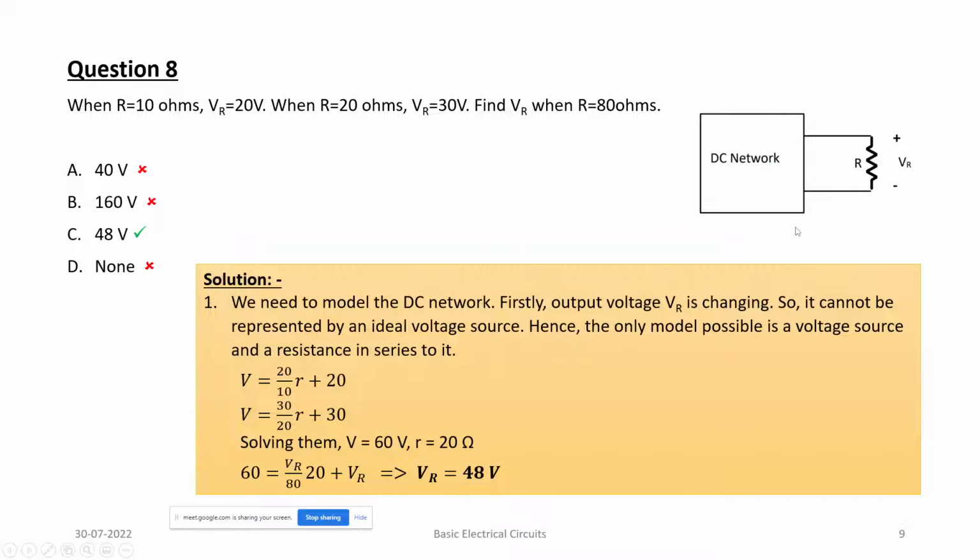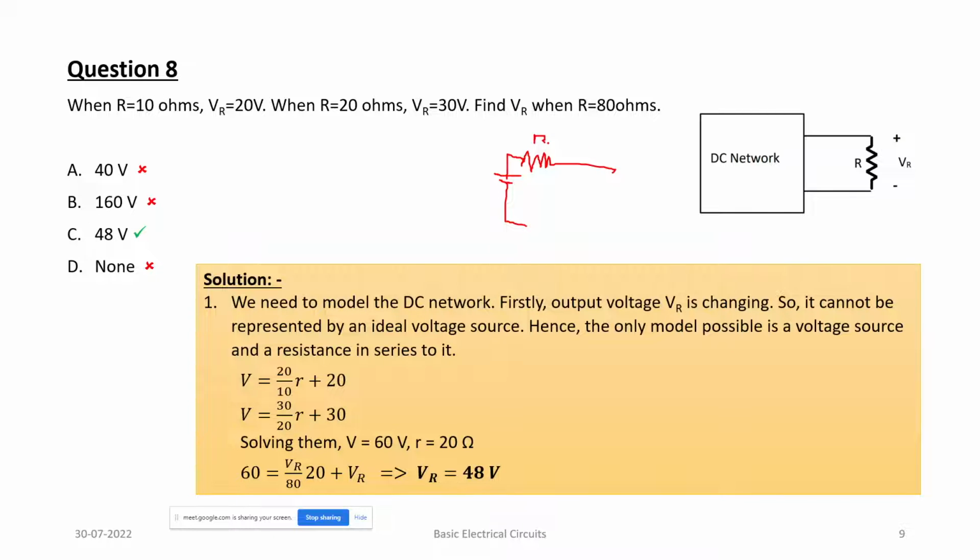You are saying that resistance which is there in the network. Yeah, this DC network. This R is connected from outside. Inside, this series resistance is there, a voltage in series with a resistance. Okay, let me draw, I think that will be better. So what I am saying is, you have a voltage source and you have a resistance here.